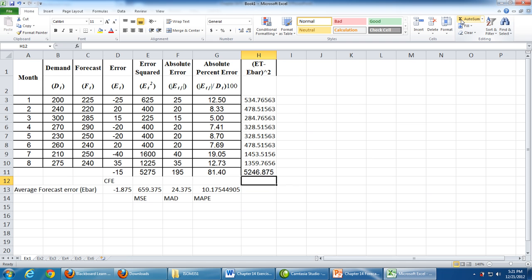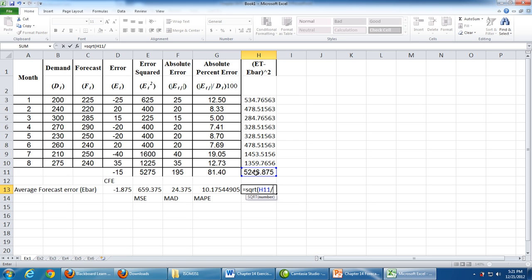Okay, once we sum it, then we're going to find the standard deviation by taking the square root of the sum of et minus e bar squared divided by n minus 1.